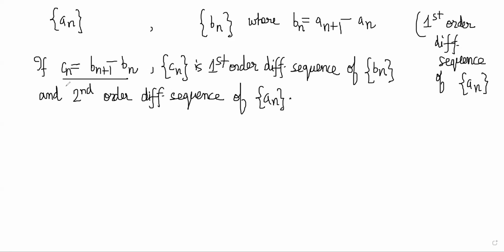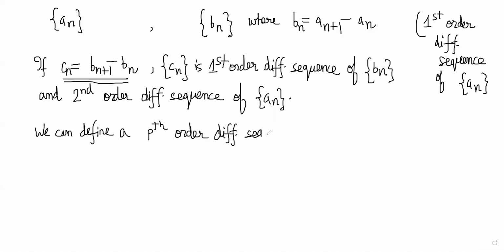Because how did Cn come? We took the difference sequence of Bn, and Bn itself was the difference sequence of An. So Cn is basically the second order difference sequence of An, because you have to do differences 2 times. In this way, we can define a pth order difference sequence of An. Here p belongs to natural numbers. So first order, second order, you could make a pth order difference sequence of An.